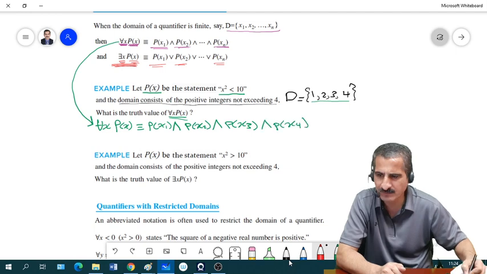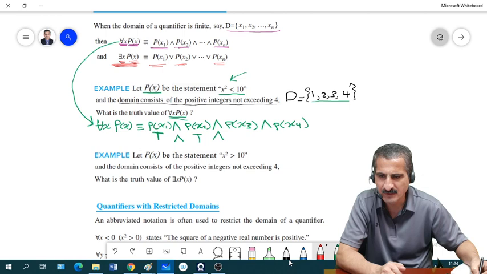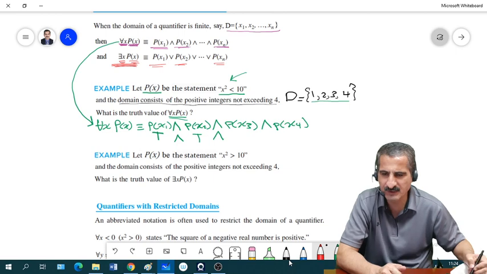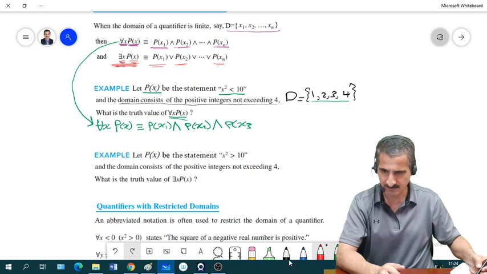Now, what do we have? P of x1 is true because 1 squared is less than 10. P of x2 is true also because 2 squared is 4. I'm sorry, I should write not x1, I mean x1 is 1, x2 is 2, x3 is 3, x4 is 4, but I want to write them explicitly here. So I will wait till this is erased.